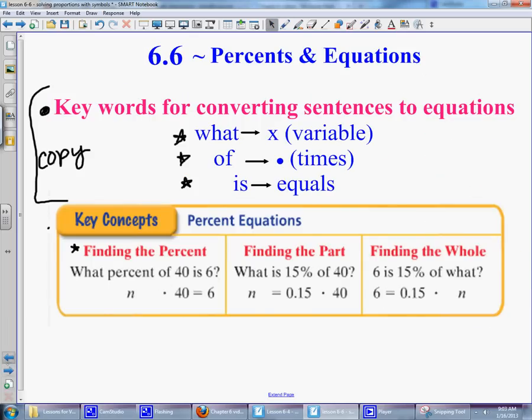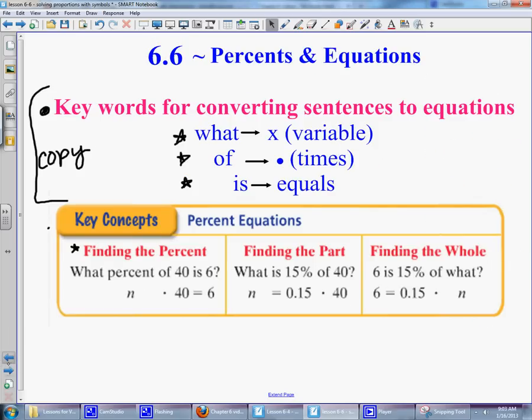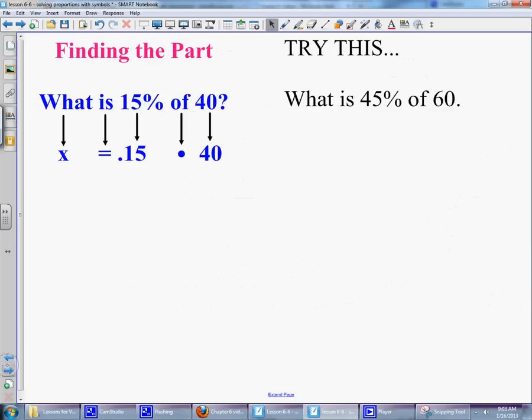Now we're going to go on to the second type of problem, and that is finding the part. So copy this down along with this example. What is 15% of 40? So what, remember, we wrote down in the beginning that what is always replaced with a variable x. Is means equals 15%. We have to change the 15% to a decimal.